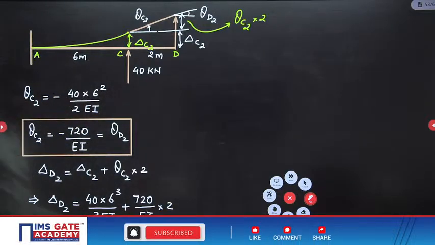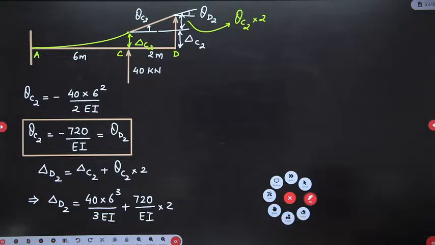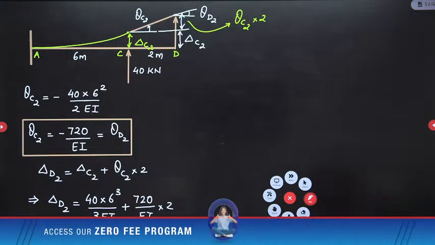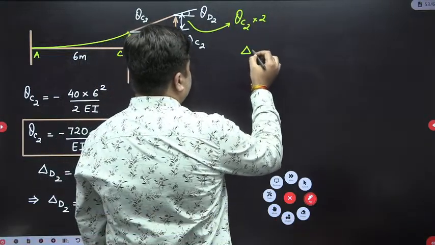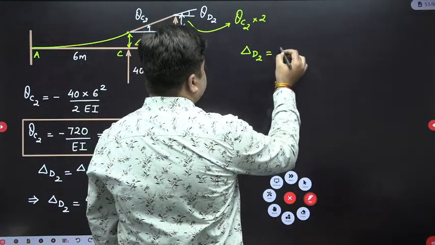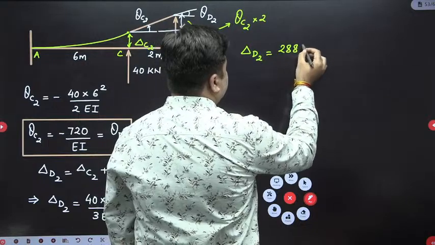Please solve this. So this will be 40 into 6 into 6 into 6 divided by 3. So this is 2880. So delta D2 is 2880 upon EI.